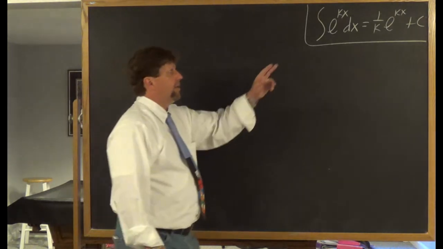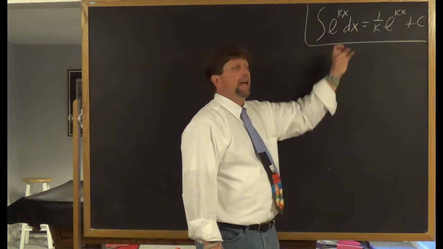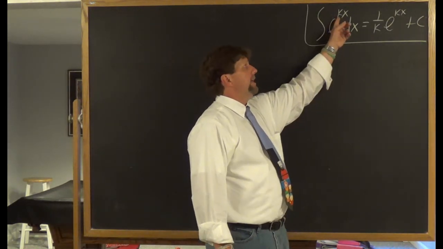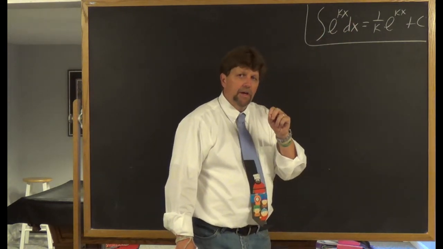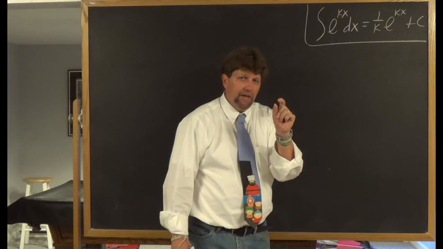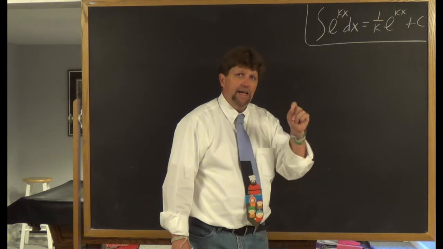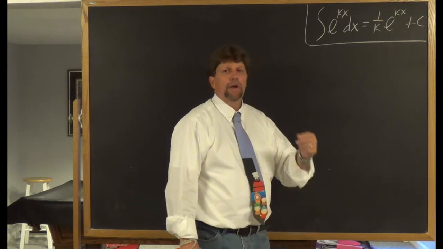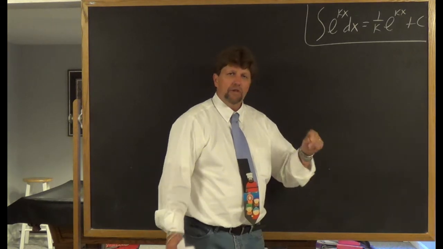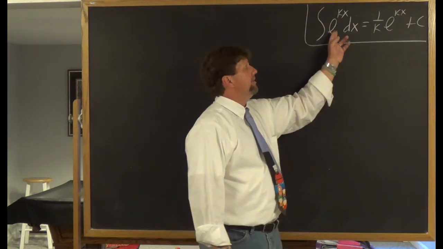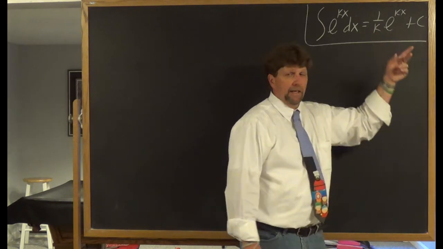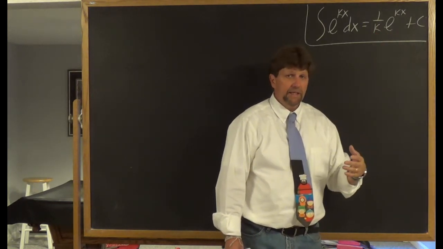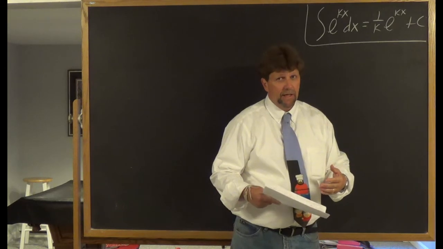Whenever you're asked to integrate e to the kx dx, it has to be of the form e to the kx, where k is some number, just one single linear term. Just knowing, without doing any work at all, that the antiderivative of e to the kx dx is 1 over k e to the kx plus c can save you a lot of time.